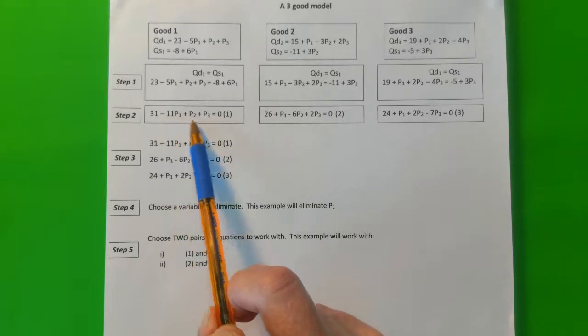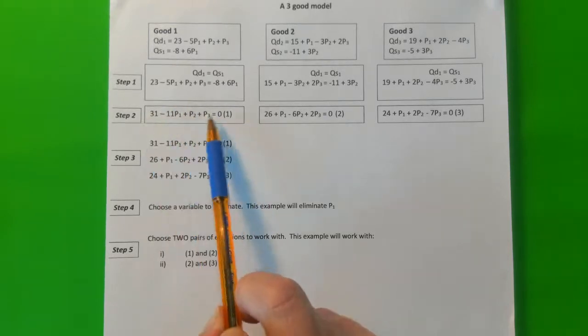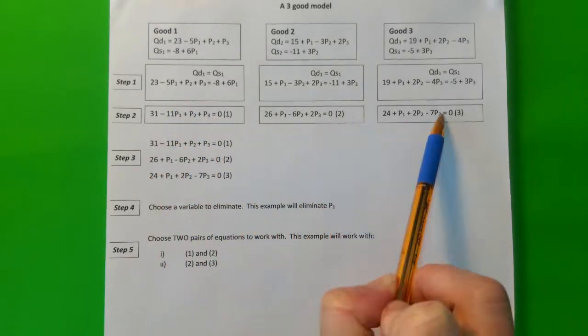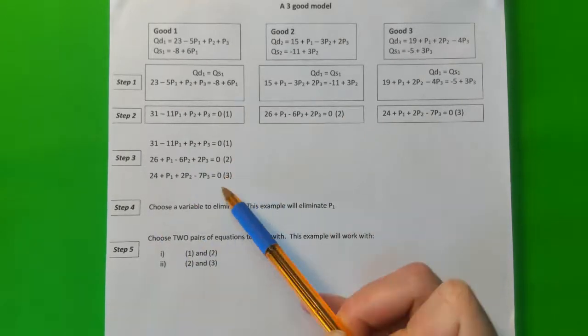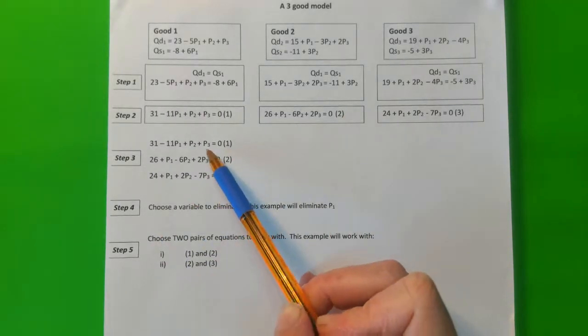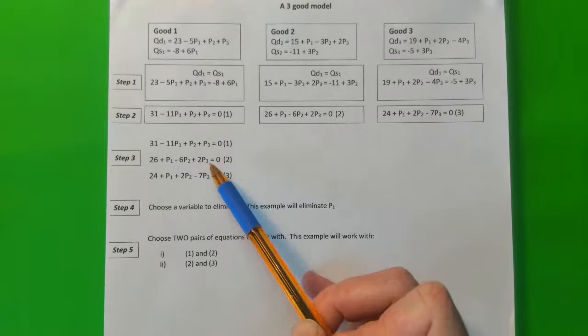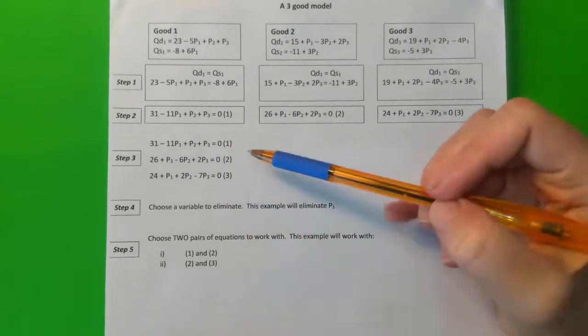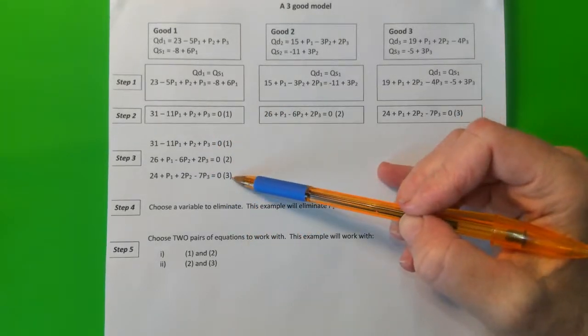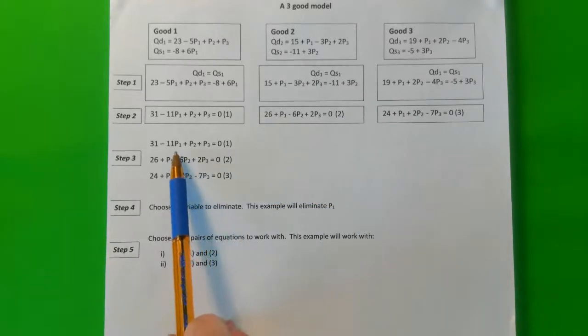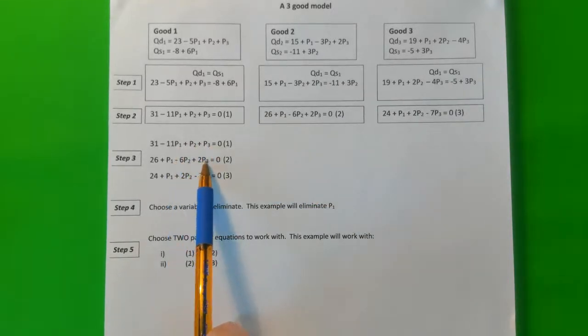We've got the equation set equal to 0 in each market. So we end up with the three equations for each good. Okay, equation 1, 2, and 3. And we have our three unknowns, the three variables that we need to solve for, P1, P2, and P3.